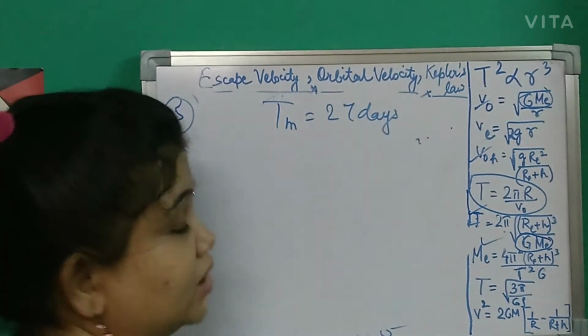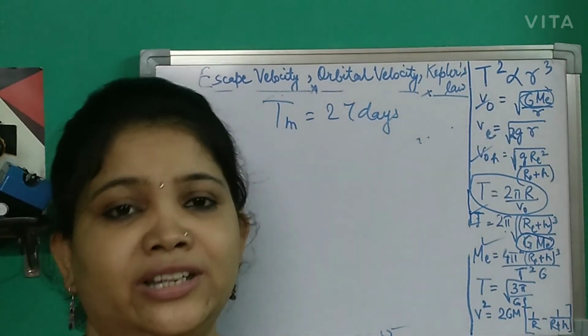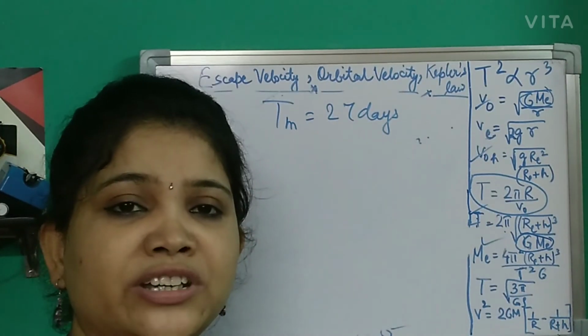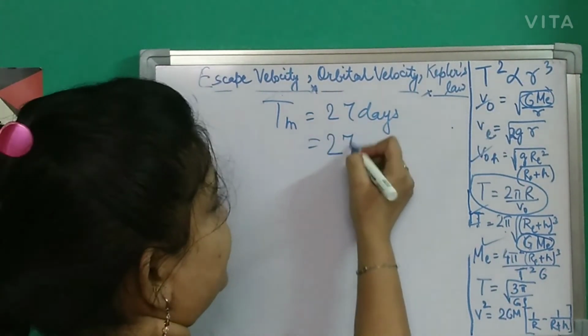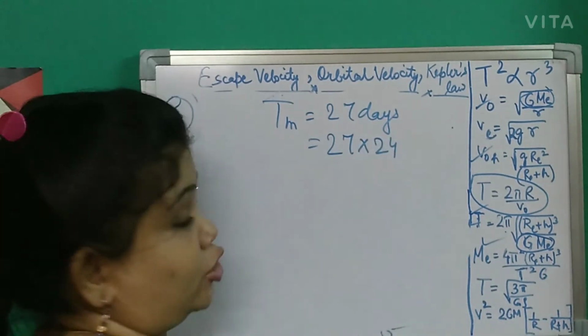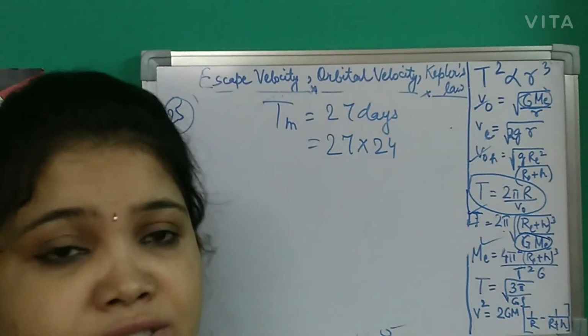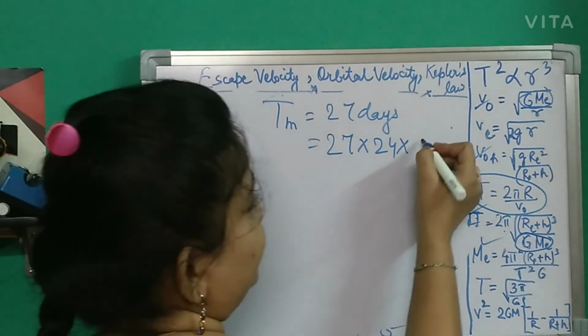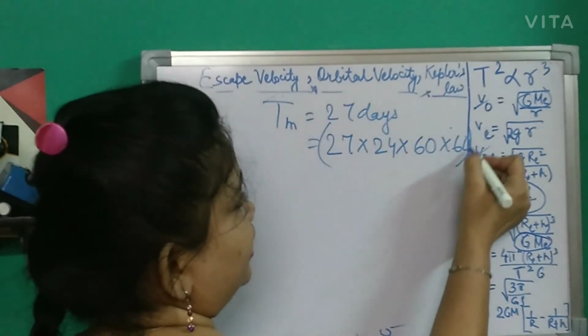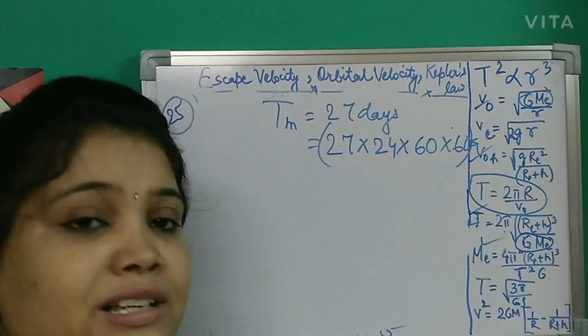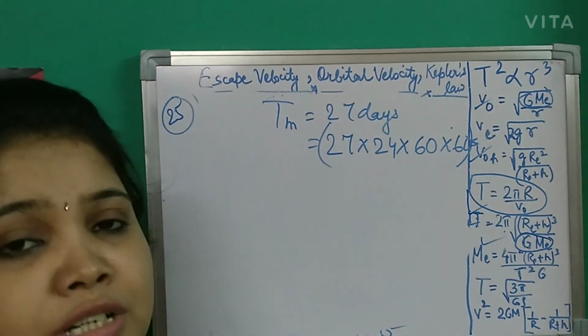Now students, remember, time period is never calculated in days. It is always calculated in seconds. So 27 days means how many seconds? 27 into 24, because one day is 24 hours, and 1 hour is how many seconds? 60 into 60. So we have converted it into seconds. Always try to convert the time period into seconds.